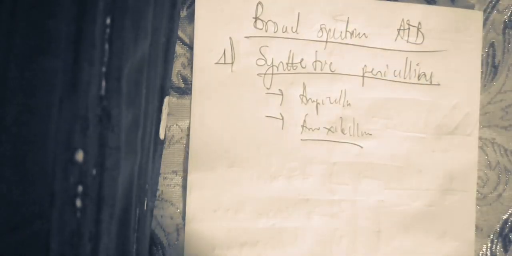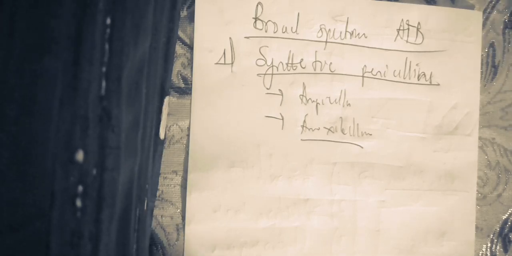Synthetic penicillins, particularly ampicillin and amoxicillin, are examples of broad spectrum penicillins. They can be used against a multiple array of microorganisms. So those are broad spectrum antibiotics.